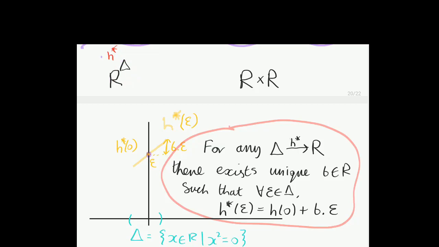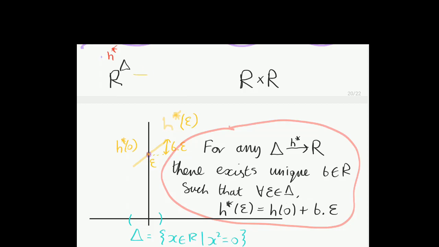So basically, if you give me a map h star from delta to r, then I can give you two numbers, a, which is equal to h of 0, and b here. And those two numbers are sort of representing that function.